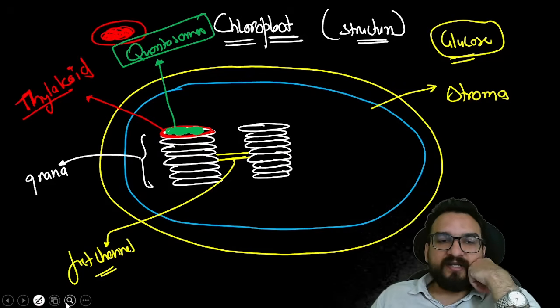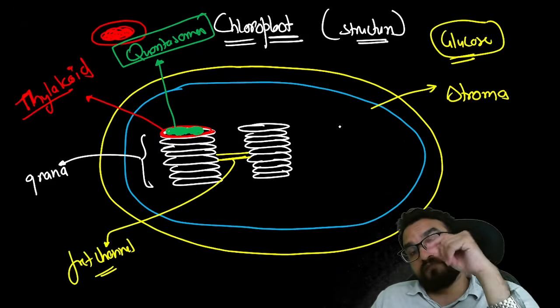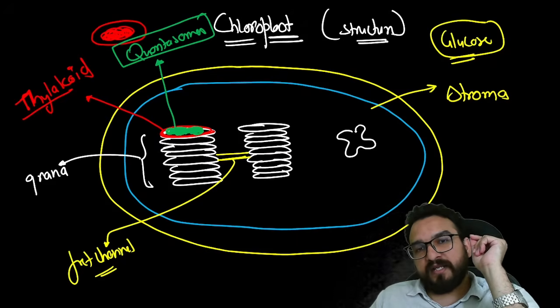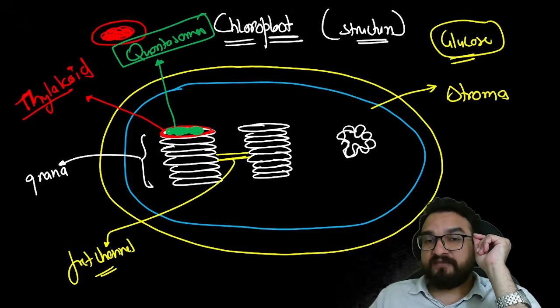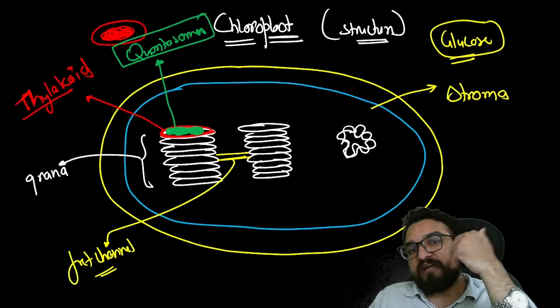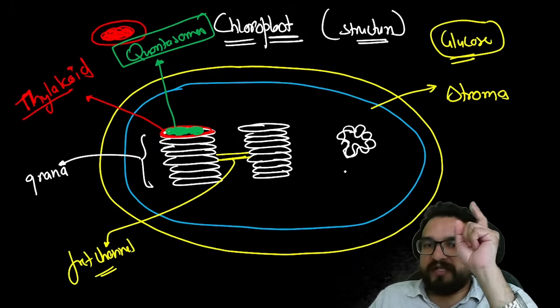Inside this stroma, and inside the mitochondria what you find is matrix. Inside this stroma, you will find again a circular DNA. Circular DNA is found in prokaryotes. But here we are finding it, which means it is also supporting the endosymbiotic theory, that we have evolved from a prokaryote to a eukaryote. When it has its own DNA, it must have its own ribosome also.